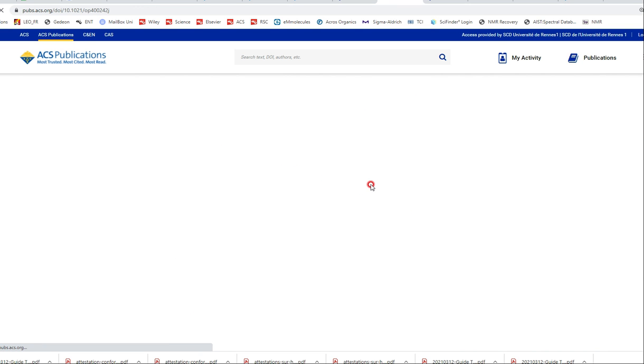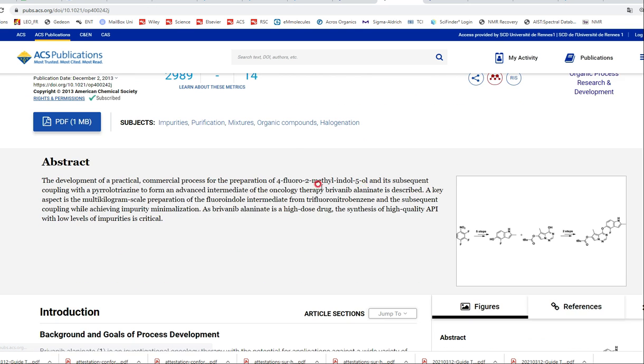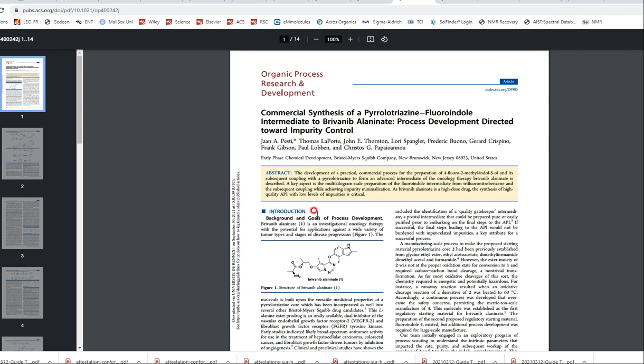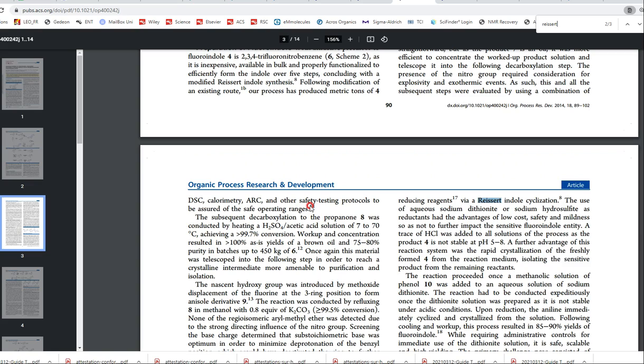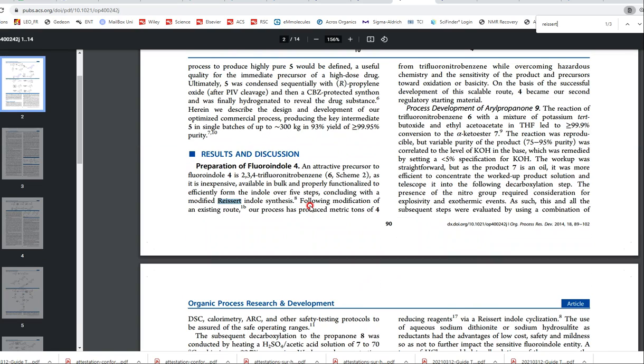So let's see, this looks like some heterocyclic chemistry. Okay, let's look for Reissert. You can see here Reissert indole synthesis. So the Reissert indole cyclization.